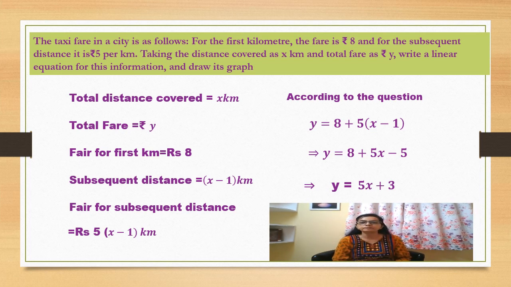Now, what is the fare for the subsequent distance? The fare for the subsequent distance is rupees 5 into x minus 1. Why? Because 5 rupees for 1 kilometer, then for x minus 1 kilometers, multiply by 5. So 5 into x minus 1.